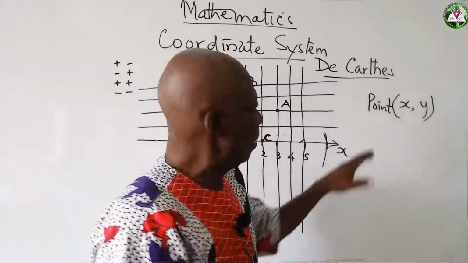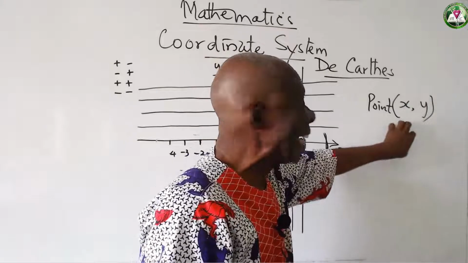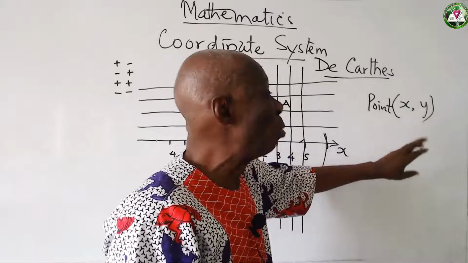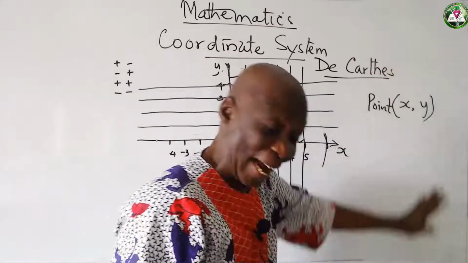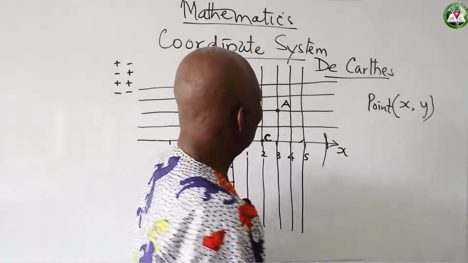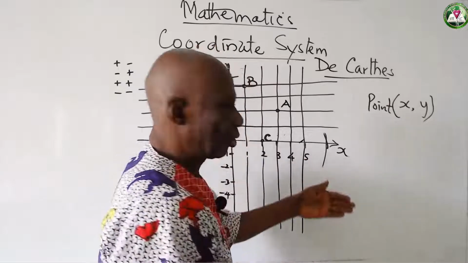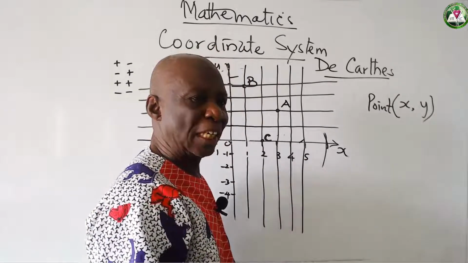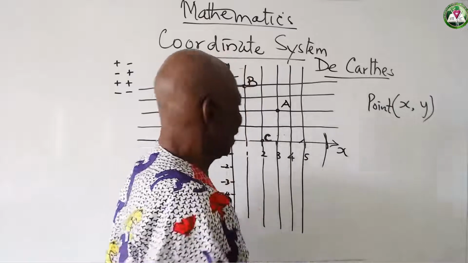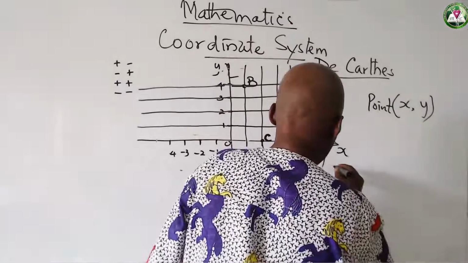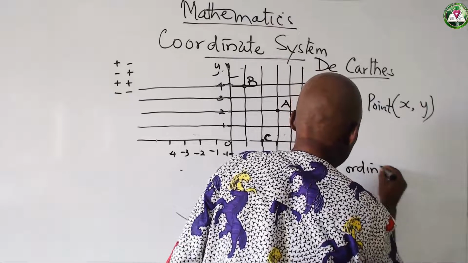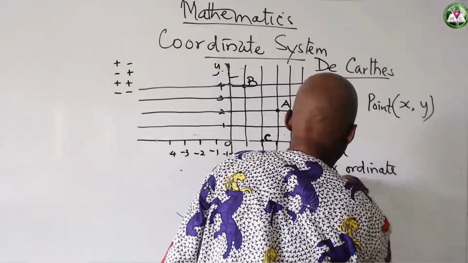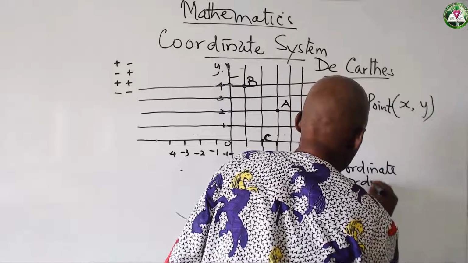Then he says, remember that in getting these points, to write the points out, you must first of all write the value of x before writing the value of y. Now, you have x ordinate. You have y ordinate. Okay. X ordinate, y ordinate.